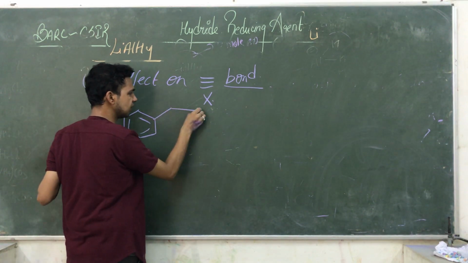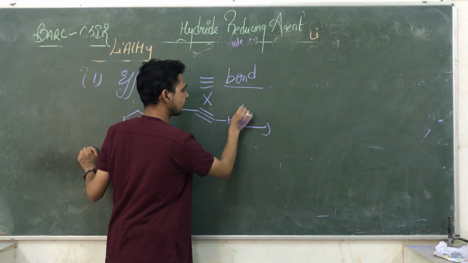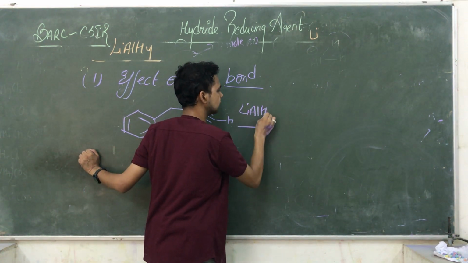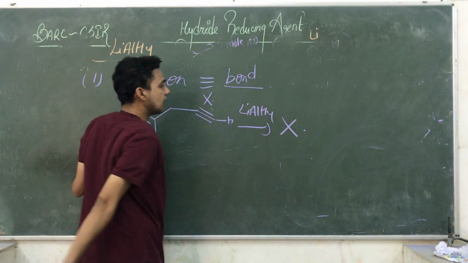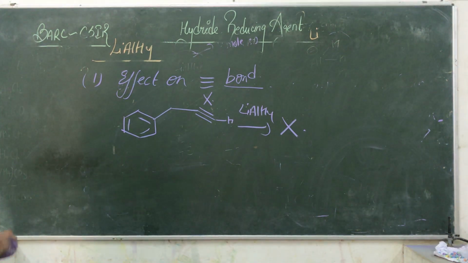If you have a terminal triple bond, its hydrogen is acidic, so it is not affected by LiAlH4, and it also does not affect the double bond.